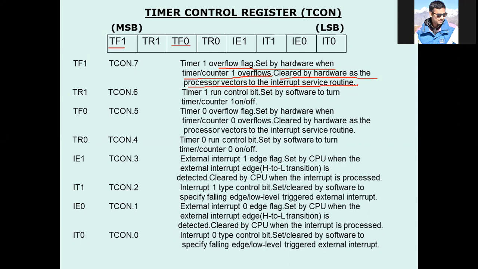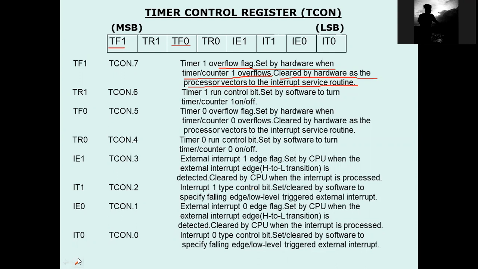So these kinds of activities are done by the 8051 microcontroller by means of overflowing the TF1 or TF0 flag. If timer 1 is completing the assigned job, then TF1 will be set, and TF0 will be set when timer 0 is acting. Understood?